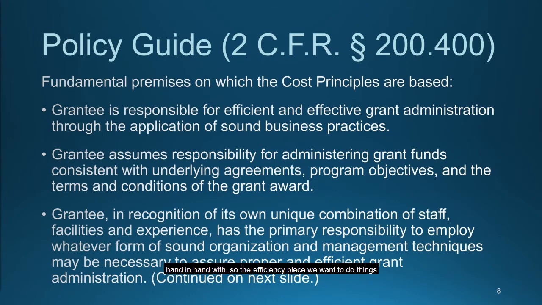So the efficiency piece, we want to do things as efficiently as we can, within reason. And then the effective grant administration is, are we achieving the results that the program is targeting, that the grant award is targeting, that your organization has specified that you're going to accomplish under that particular project? So that's the effective piece of it, the efficient and effective.